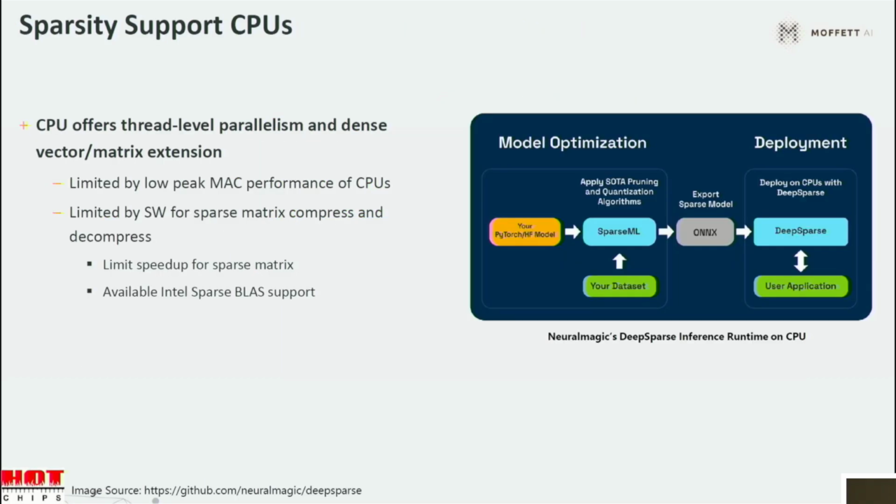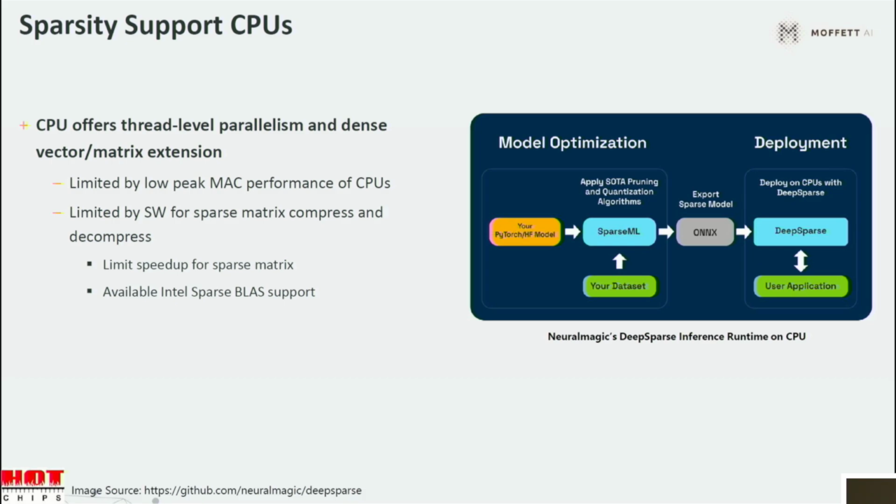Next we'll go through some of the sparsity support in different architectures. For example, to support sparsity, CPUs offer thread-level parallelism and very dense vector and matrix instruction extensions.